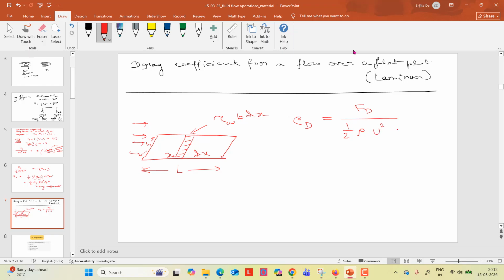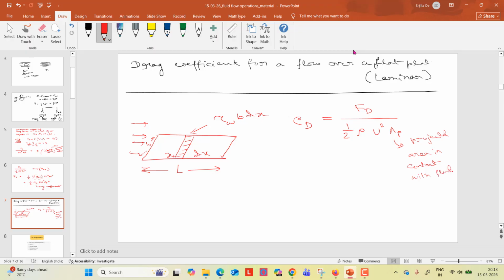I am calculating, but AP means the area of the substrate. So AP is the projected area, the projected area in contact with the flow or fluid.